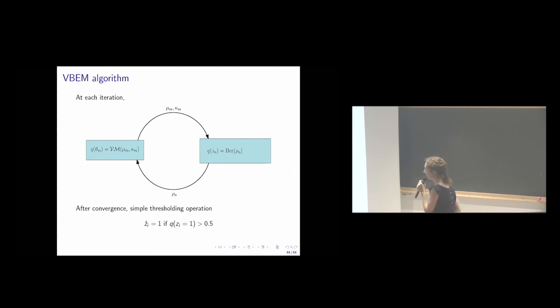So after convergence, you don't have Gaussian anymore, so you have something much simpler, actually. You just have to make a simple thresholding operation by putting to 1 the entries of the DMD for which the posterior distribution is greater than 0.5, and 0 otherwise.